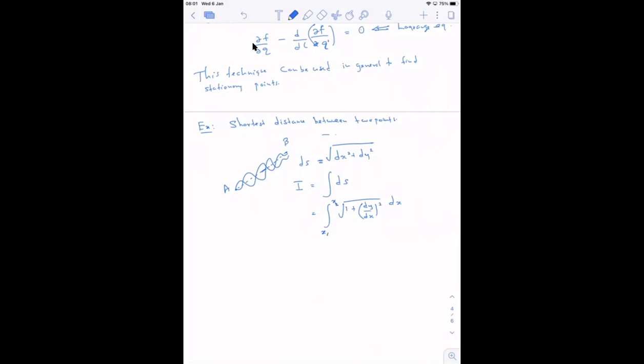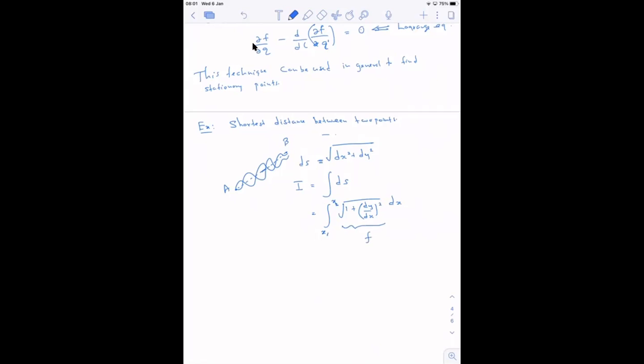Just a rearrangement: ds is equal to the square root of dx squared plus dy squared, and I take dx out from that square root so that you can write the expression in this way. Now this is like the function f that we had, right?